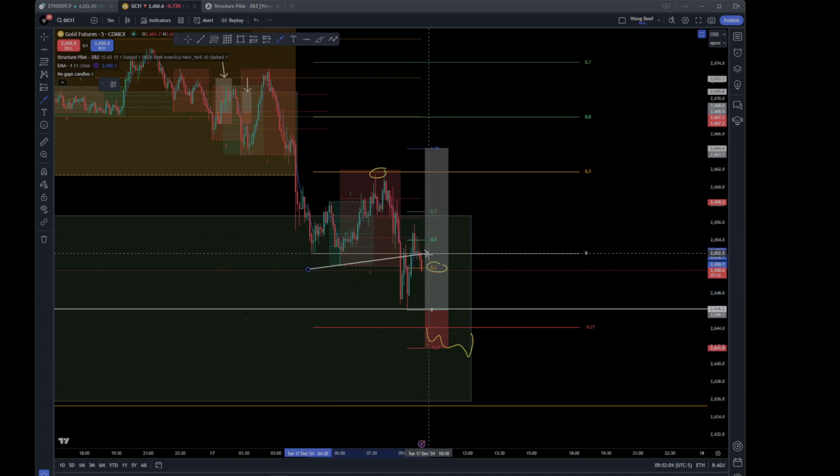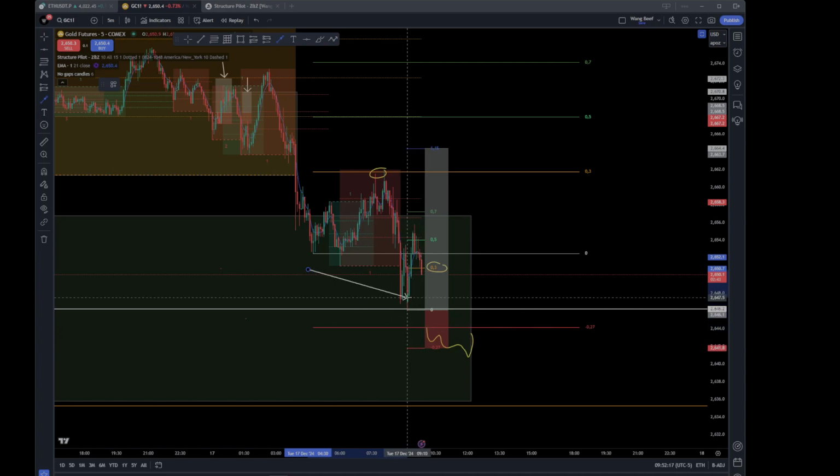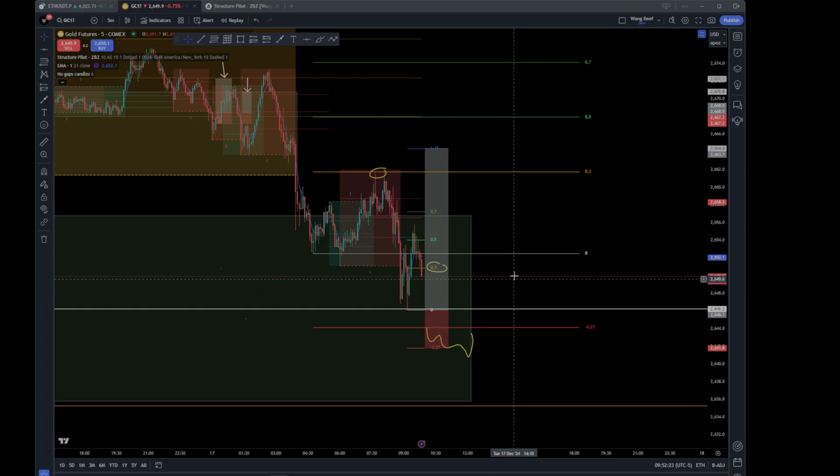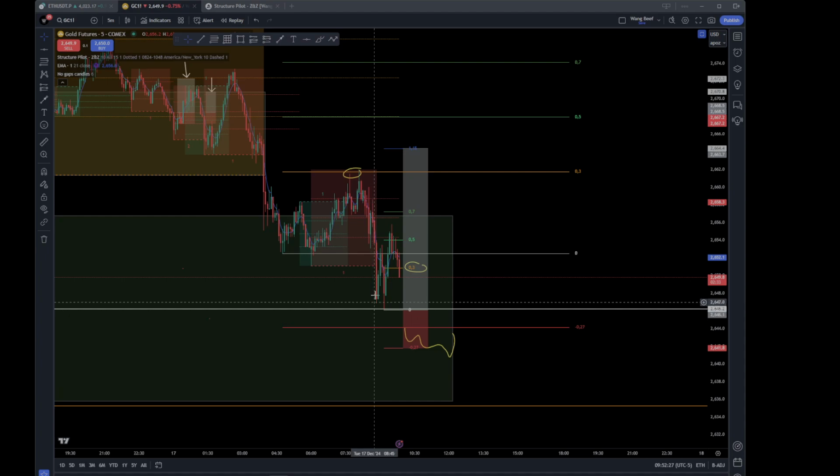Most of the time my profit is at the 0.3, because I would ideally be in the week, so my stop would be much smaller than this, and I would be out by the 0.3. I'd be out like this. But to achieve something like this, you just have to put in the reps, because it's the same thing I'm applying on the lower time frame.